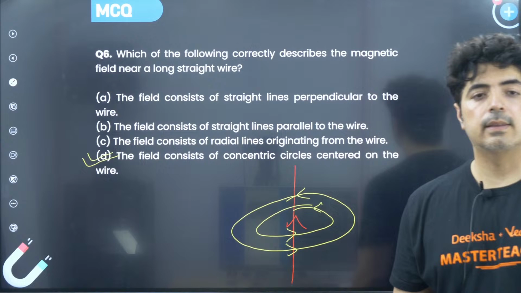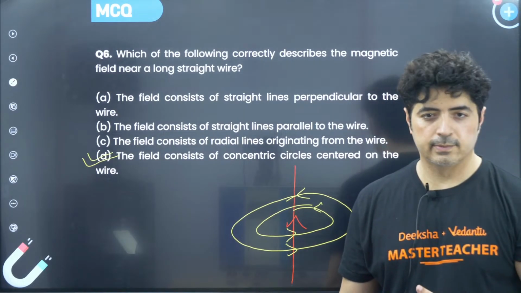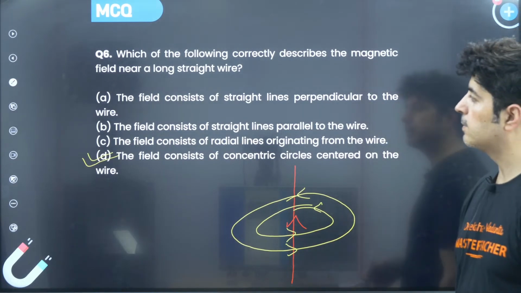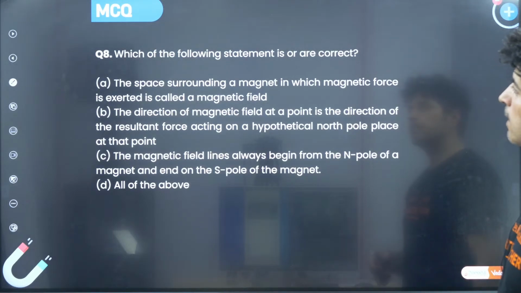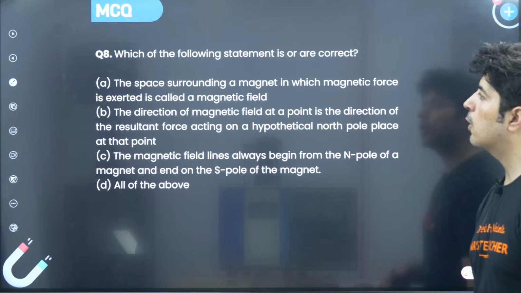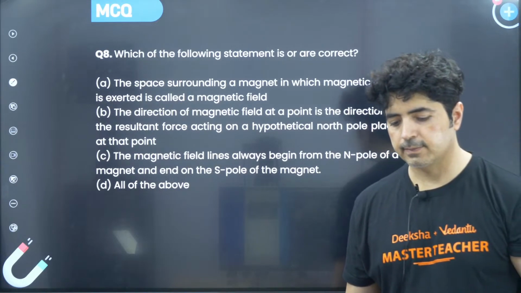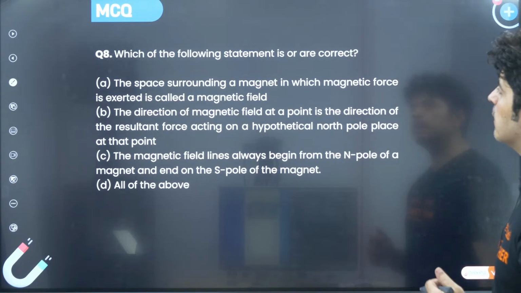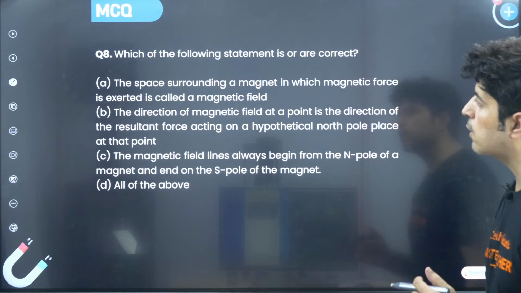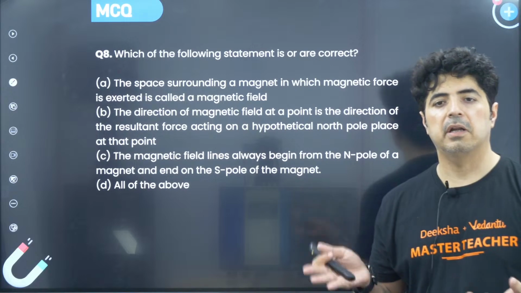All right. This is also a PYQ. Okay. Previous year problem. Let's go and take this question. Which of the following statement is or are correct? Okay. All right. So space surrounding a magnet in which magnetic force is exerted is called a magnetic field. It is correct.